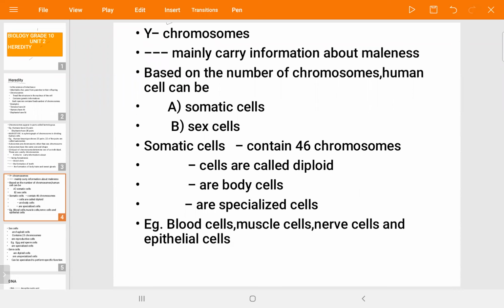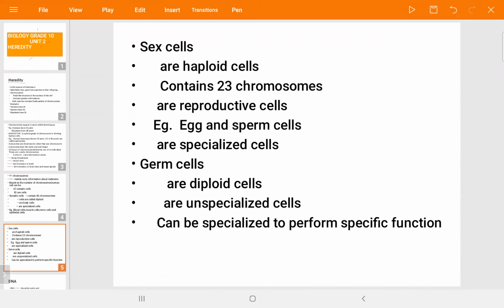Okay? Now, the second group is sex cells. The sex cells are haploid, contain 23 chromosomes, and are reproductive cells. They unite to form a zygote in sexually reproducing organisms.